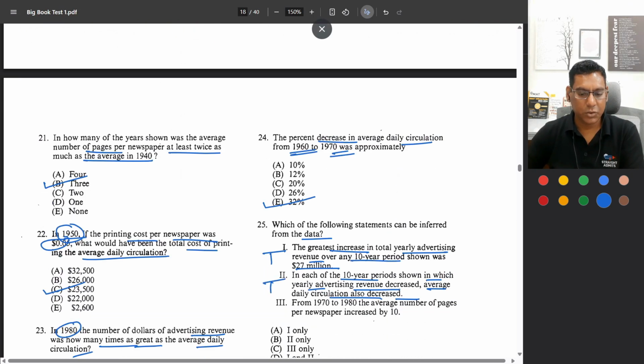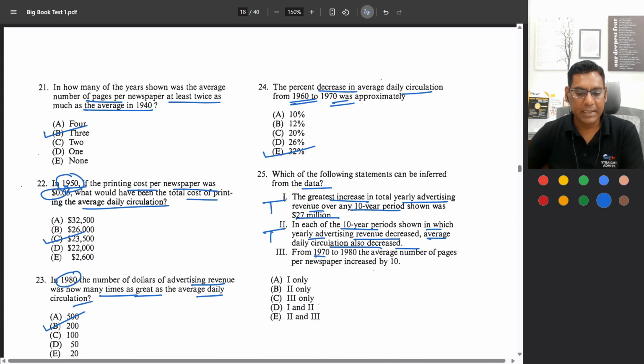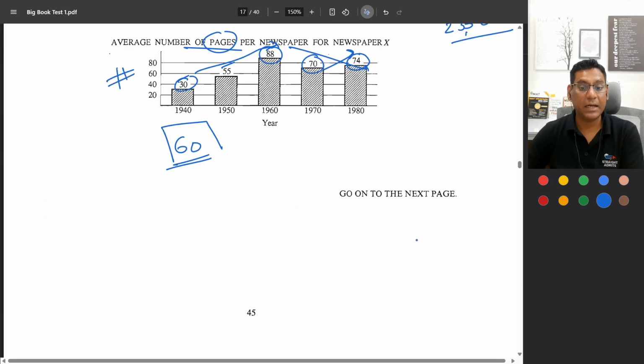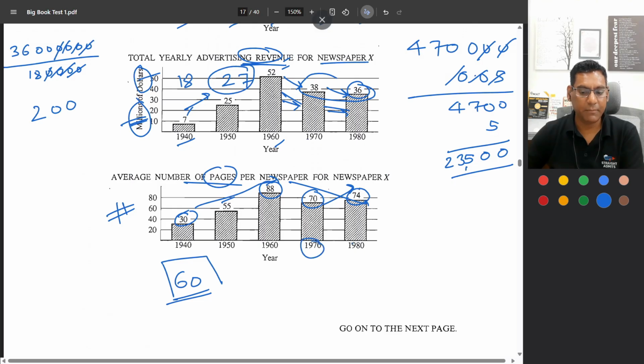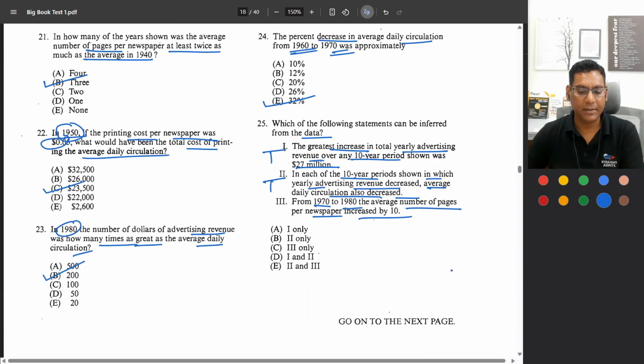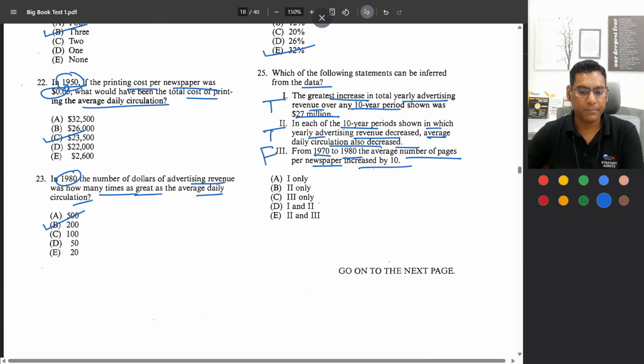So let's say this is true. From 1970 to 1980, the average number of pages increased by 10. Let's see if that is true. 1970 to 1980, number of pages increased by 4 only, 70 to 74, not by 10. That means this is false. So the correct answer is 1 and 2 only, which is answer choice D.